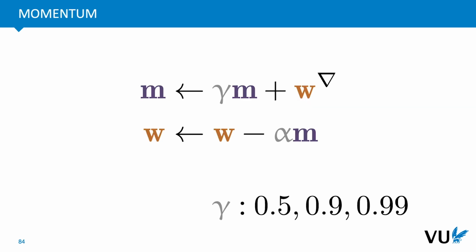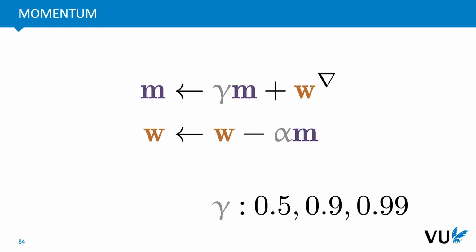Momentum looks like this. Instead of applying the gradient directly to our current parameter vectors, we apply the gradient to a variable m, which is our momentum variable, and then we apply that momentum term as we did the gradient before. And this gamma value that we multiply by the momentum is usually something between 0.5 and 1.